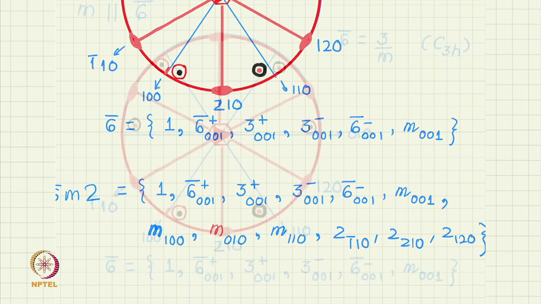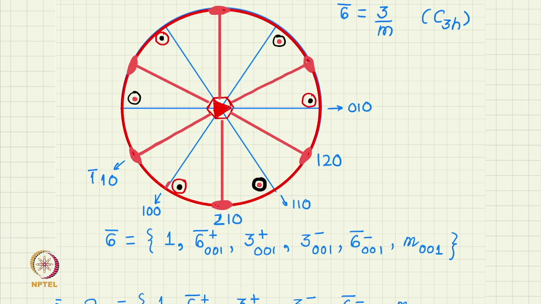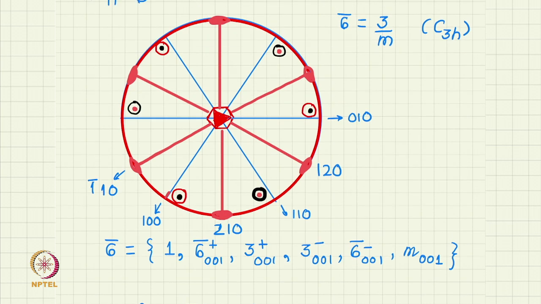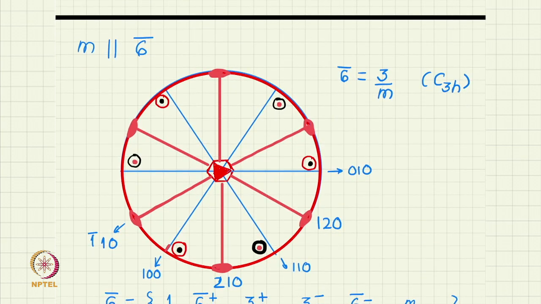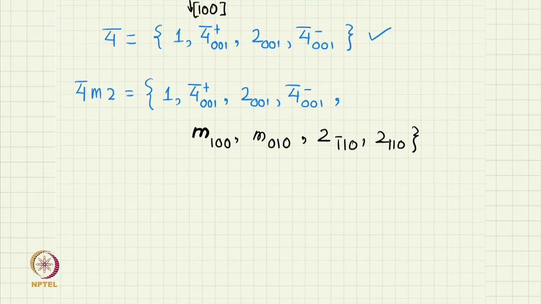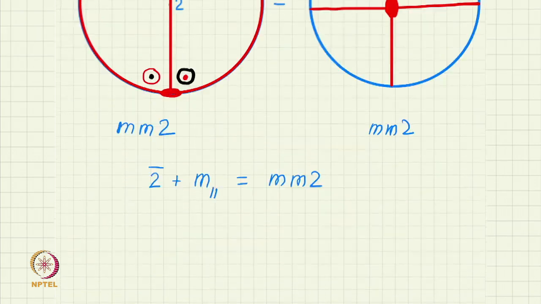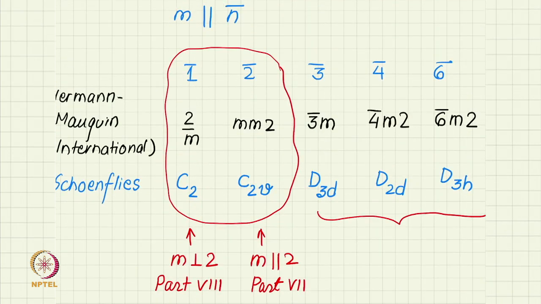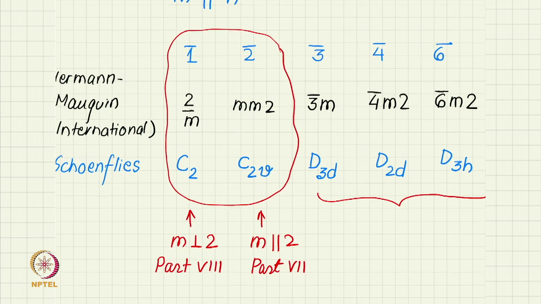So with great hard work we have completed these three interesting point groups which result from combination of a mirror plane parallel to an n bar axis, a roto-inversion axis: 3 bar m, 4 bar m2 and 6 bar m2.